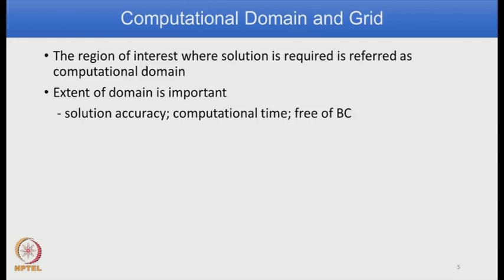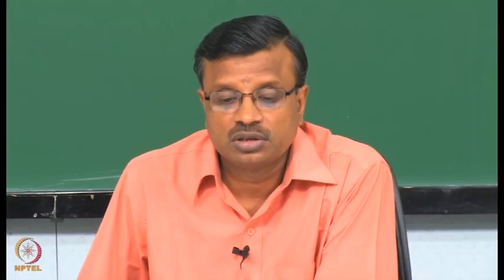The domain extension affects the solution accuracy, computational time required, and the boundary condition enforced should not influence the solution. So, the problem of interest and the boundary condition implementation should not influence or affect the solution in the region of interest.